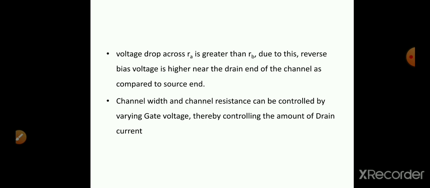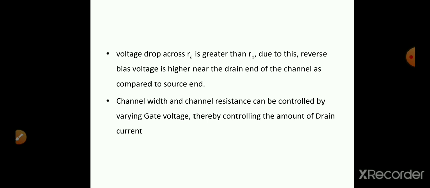The channel width and channel resistance can be controlled by varying the gate voltage, thereby controlling the amount of drain current. That means we can control the amount of drain current. When we give the supply voltage to the drain terminal, drain current starts to flow. We can control this drain current by varying the gate voltage, that means by varying the input voltage at the gate terminal.